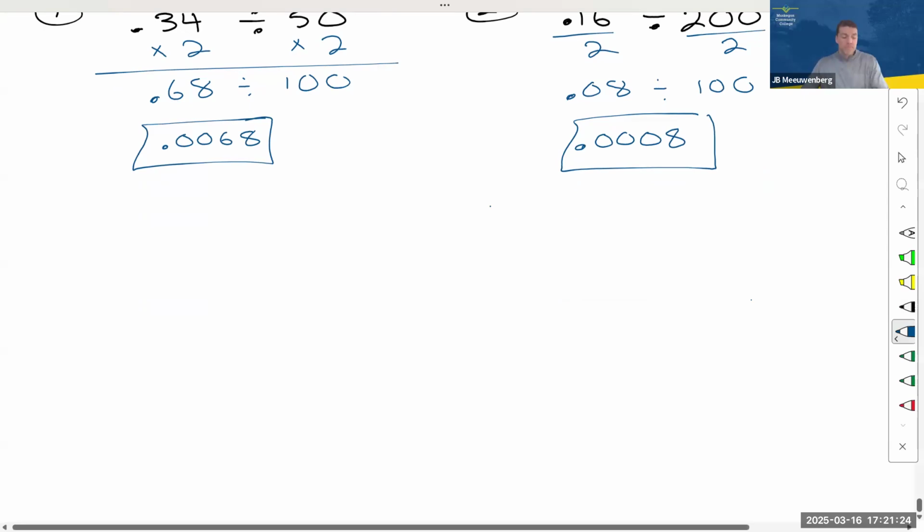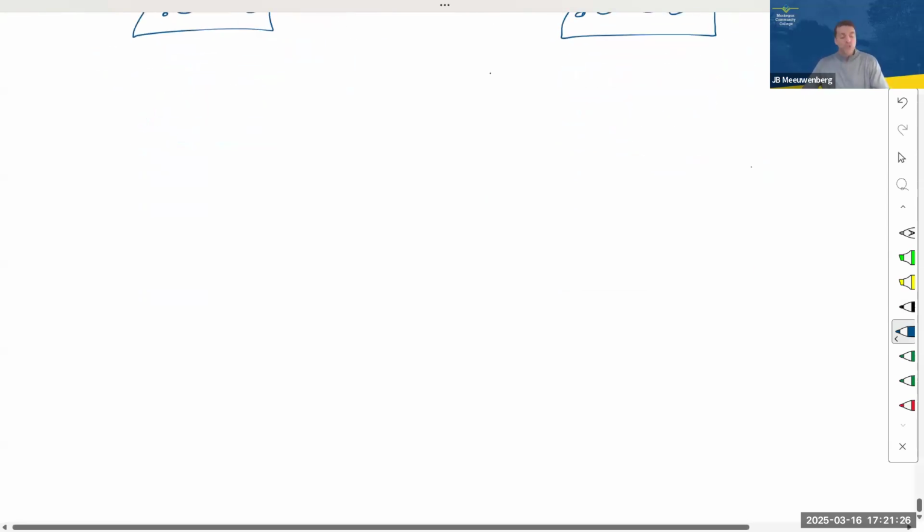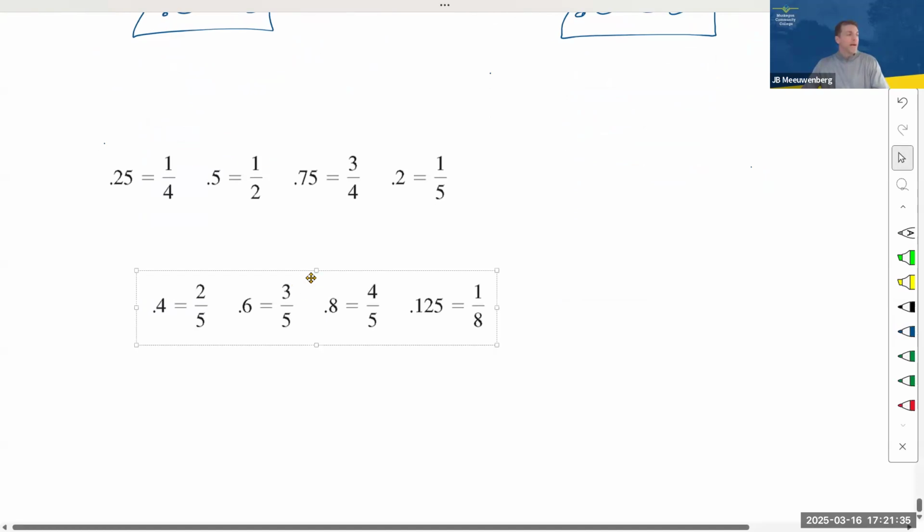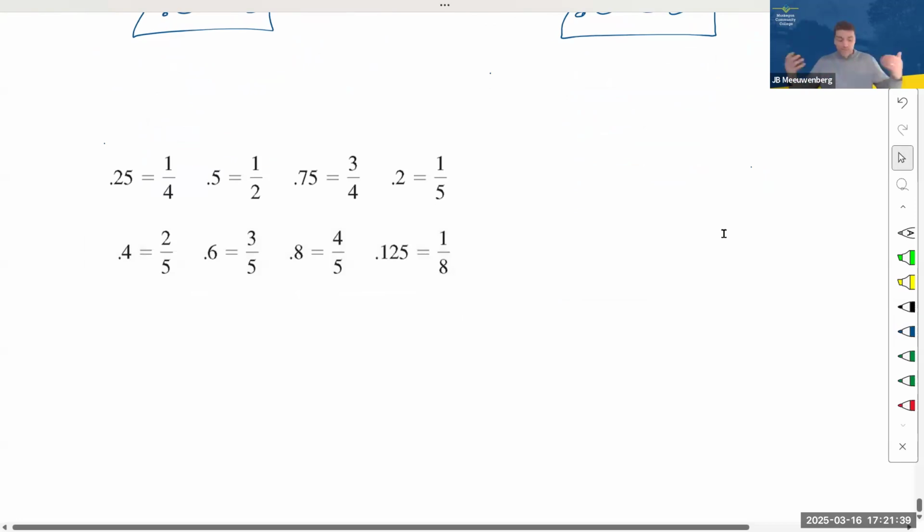Now, sometimes when we're doing mental math, mental computations, it's helpful to know some common fractions and their decimal equivalents. And so what I have here are some common ones that can help us. It would be good for you if you committed these to memory.